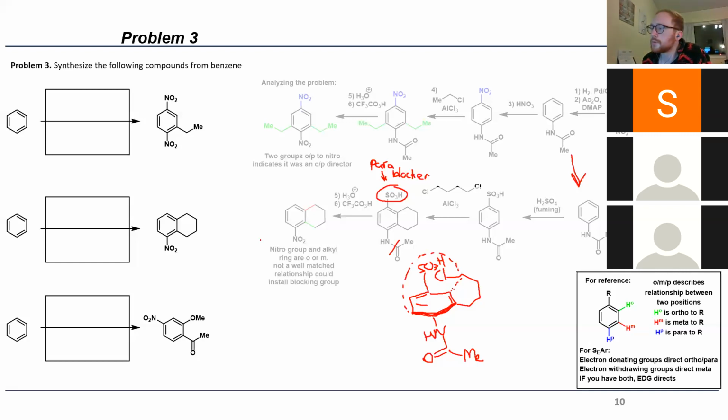So do something like Friedel-Crafts acylation, then nitration, then reduce it, protect it, put on sulfonic acid, then do another Friedel-Crafts alkylation, remove it.